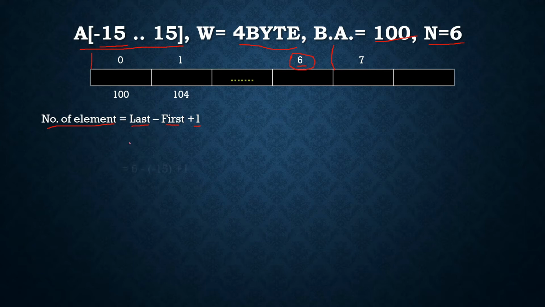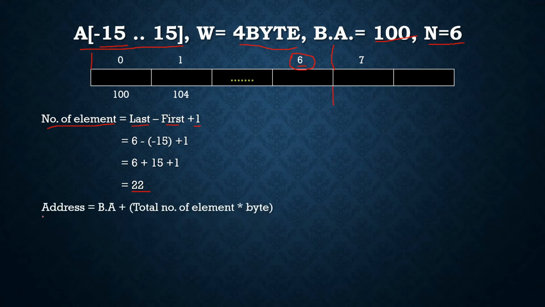So 6 minus (minus 15) plus 1 equals 6 plus 15 plus 1, which equals 22. That is the total number of elements up to the 6th element.